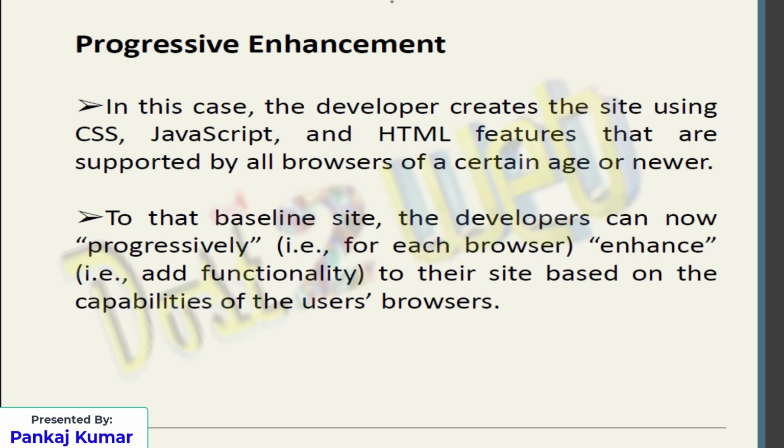That means they will have certain features, and if something is not working, they will progressively add the functionality, so that the site gives all the capability whatever is required.